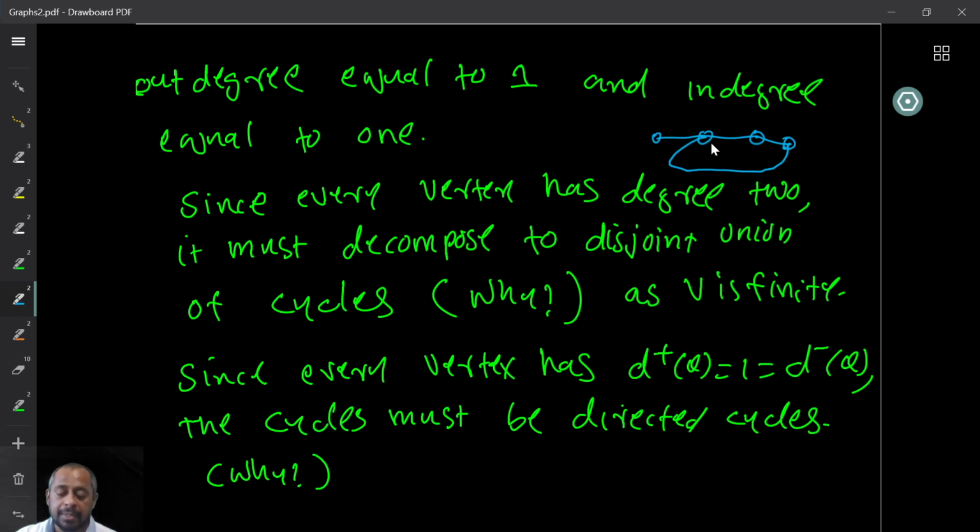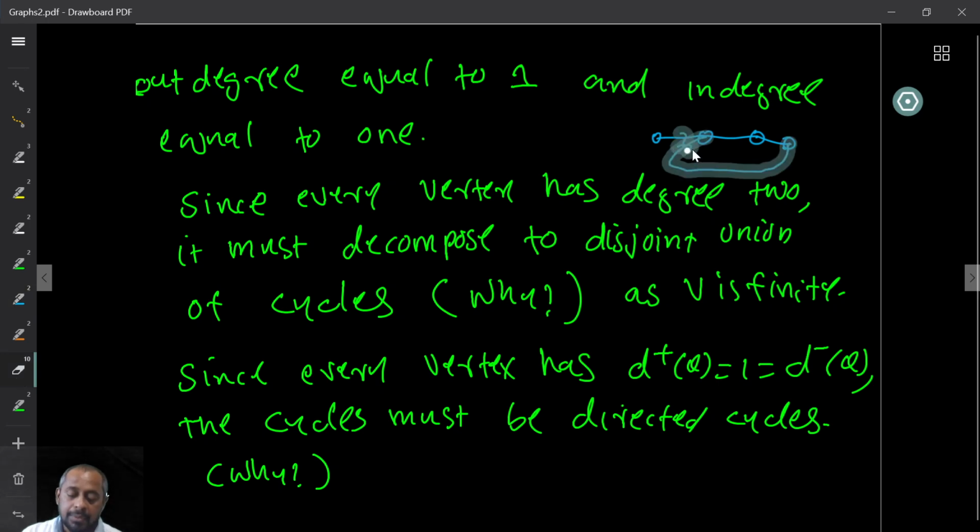If that happens, then of course you see that this vertex has 2 incoming edges, right? So if there are 2 incoming edges, that is not possible because we said that every vertex has exactly 1 incoming edge and exactly 1 outgoing edge, right? Because we are looking at the bijections.